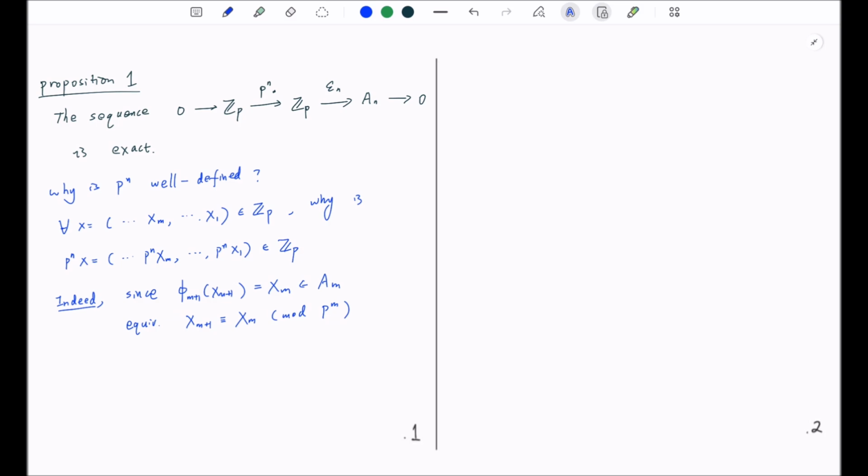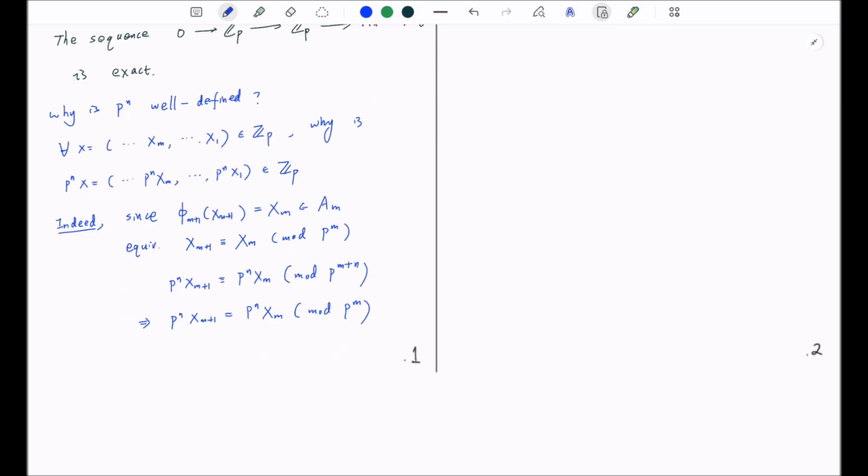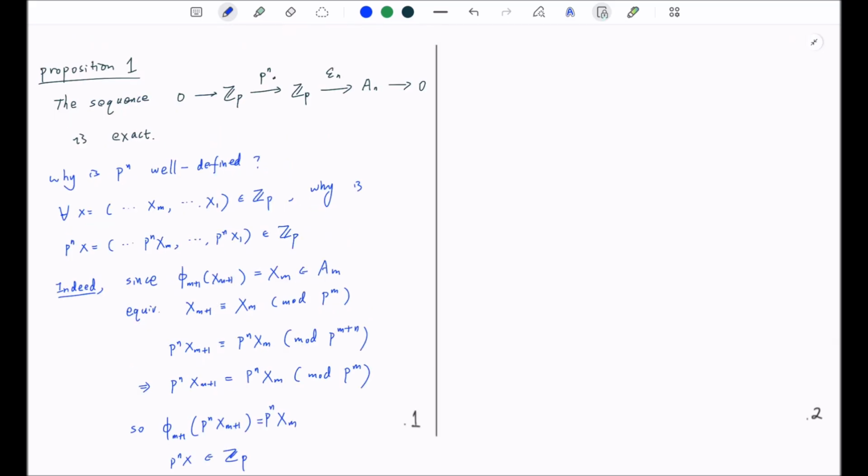And now, if we multiply both sides by p^n, what will happen? This congruence equation will hold modulo p^(m+n), and in particular, it also holds modulo p^m. So we have the compatibility of this sequence. Therefore, this map is well defined.